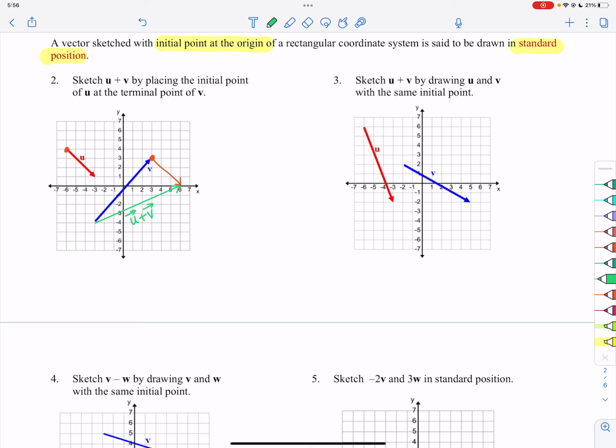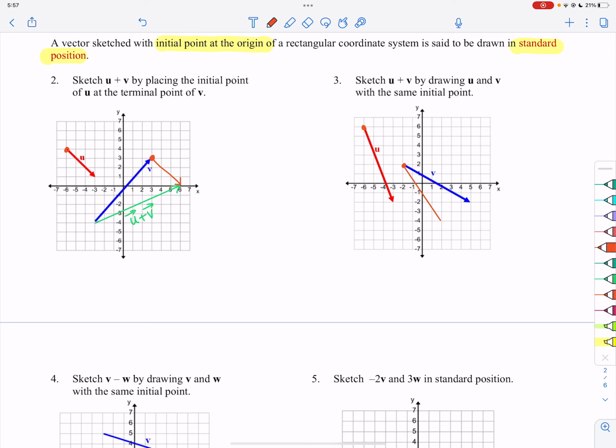Okay. Now in number 3, we're going to sketch u plus v by drawing u and v with the same initial point. And then we'll take a look at that parallelogram. So let's go ahead and write u with this same initial point. And as you can see, we travel 1, 2, 3, 4, 5, 6, 7 units down, and it looks like 1, 2, 3 units to the right.